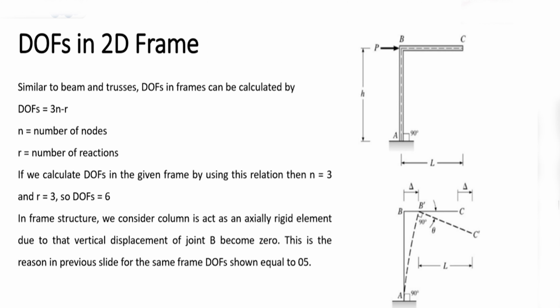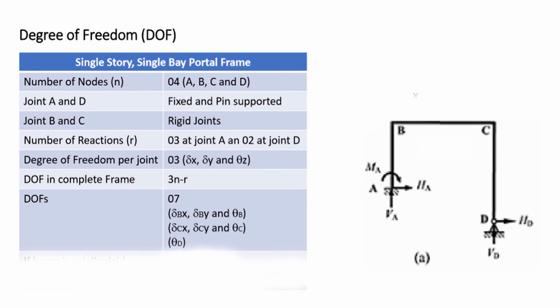So in this frame we have 4 nodes A, B, C and D. As joint A is fixed, in a fixed support we have three reactions, and as joint D is a pin support, at D we have two reactive forces. So the number of reactions is 5, 3 at A and 2 at D.